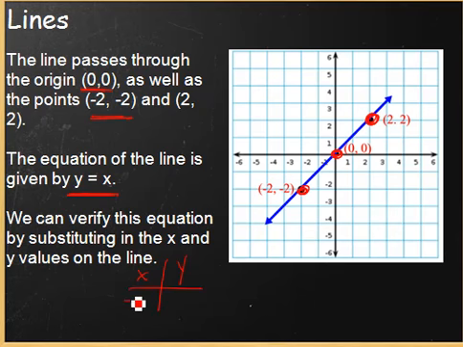So when x is -2, y is also -2, x is 0, y is 0. When x is 2, y is 2. Therefore, we can plot lines, circles, and other geometric shapes on the coordinate geometry.